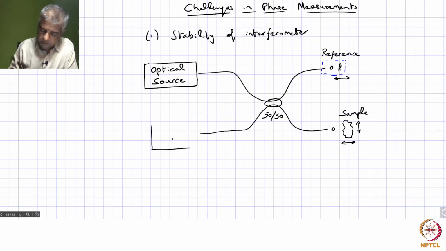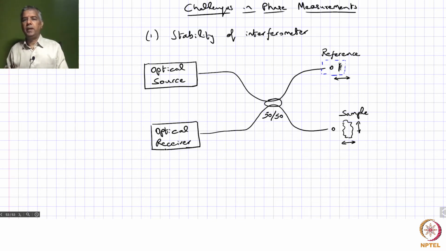But essentially, you do all your detection using an optical receiver. That sounds like a relatively simple arrangement. Yes, you do have a free space part over here, so there may be some alignment issues.